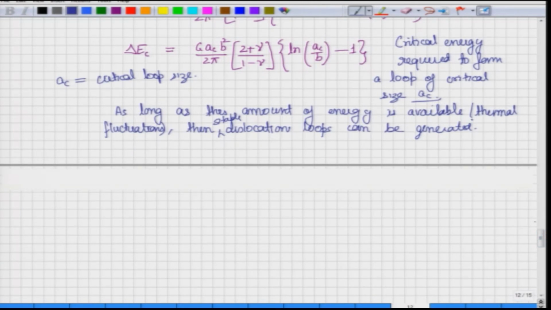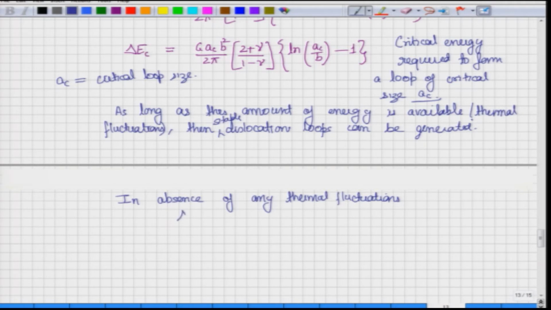Now that we have this equation, there is something very interesting that we can obtain from this relation. Now, let us say that there is no thermal fluctuation. In absence of any thermal fluctuations, what will happen? How much is the delta E that can be provided?